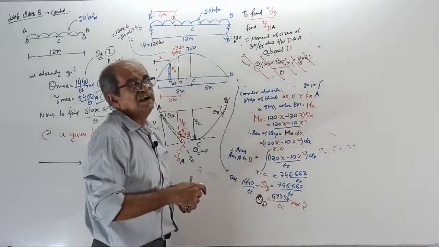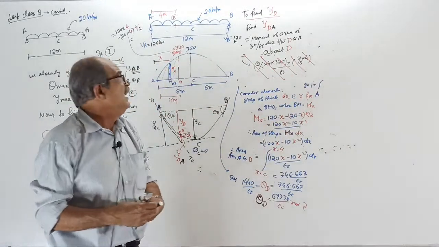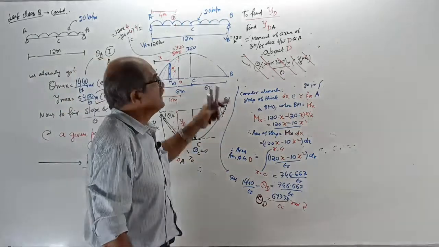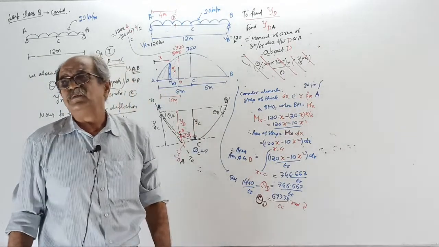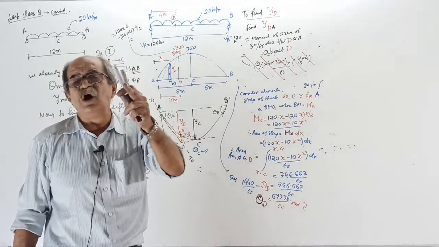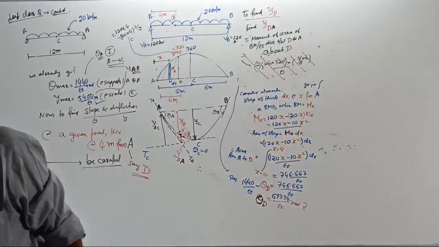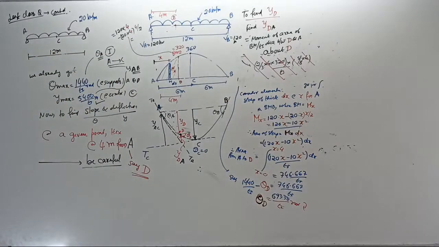It is not correct. Why? First of all, 2/3 base into height is not the area for a parabola, and you have to take it up to the center, and even 5/8 is wrong. Applying that formula is a mathematical blunder. You can't apply that formula.